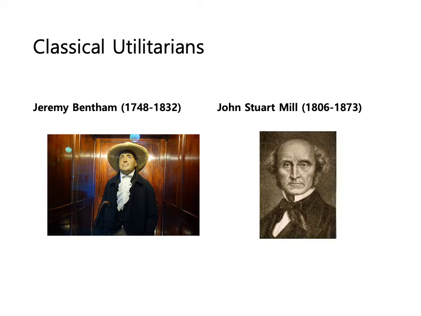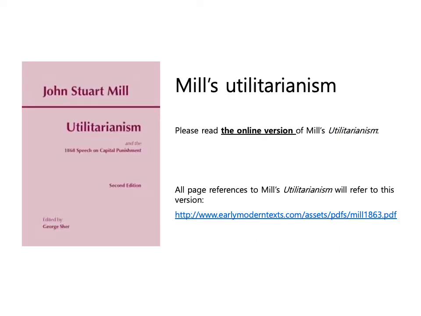And classical utilitarians are Jeremy Bentham to your left and John Stuart Mill to your right. To guide today's discussion, I want to examine Mill's Utilitarianism. It's a short book that John Stuart Mill wrote in which he explicates and explains his version of utilitarianism.